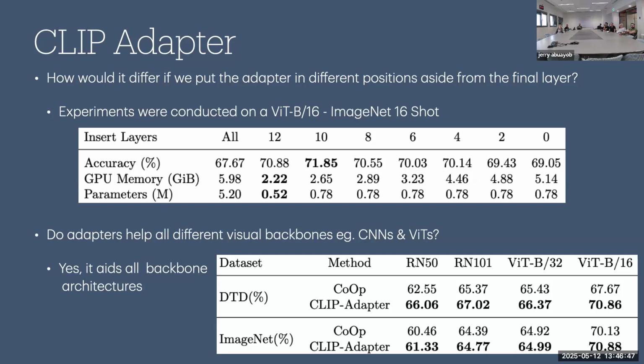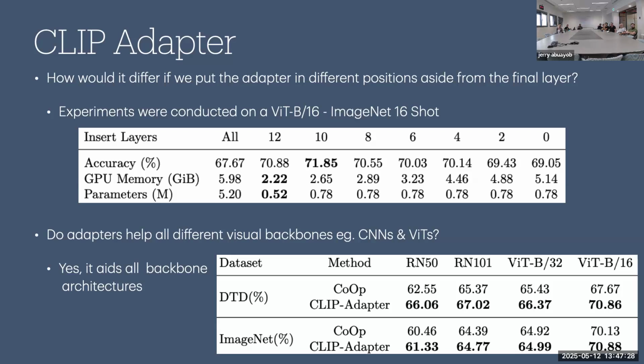We have 12 layers of vision transformer here, and the numbers indicate after which layer we add the adapter: after layer 0, or after layer 2, 6, 10, and 12 is the last one, and all means we add an adapter after each layer of the vision transformer. We can see that adding on the last layer yielded the best results.